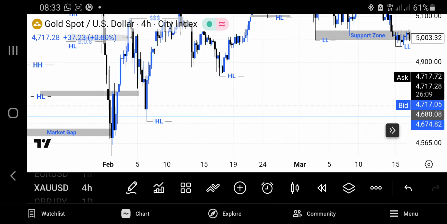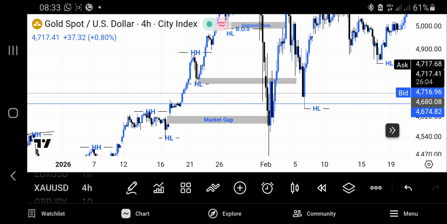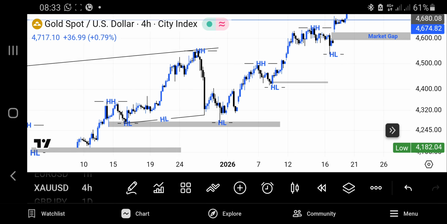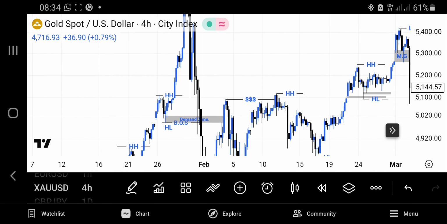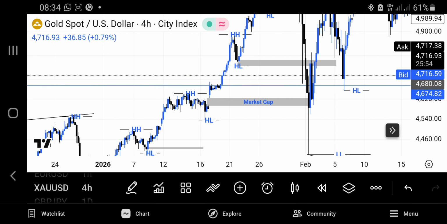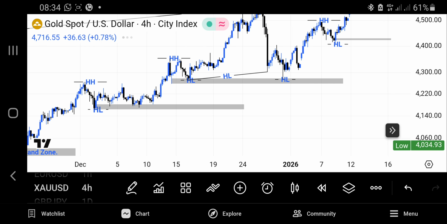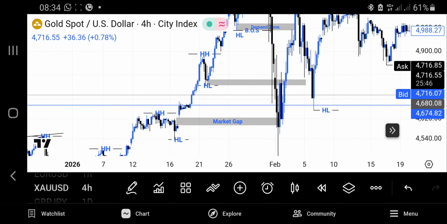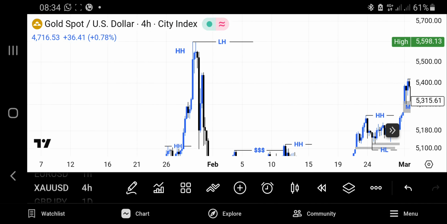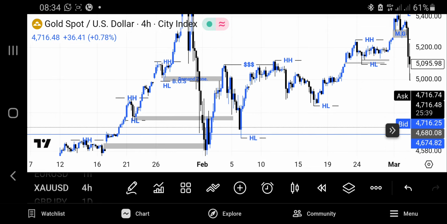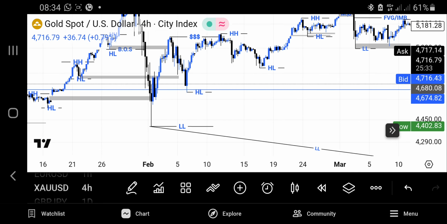At a point in time, gold was bullish. Yeah, you can see those times. You can see all of this. It was bullish. And then when you get to this zone, gold fell aggressively.